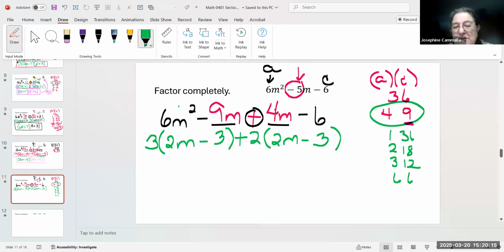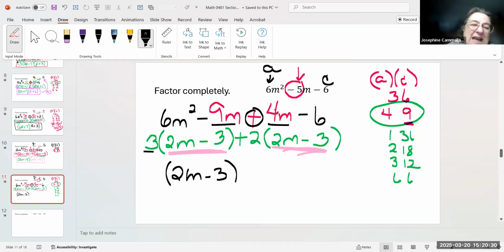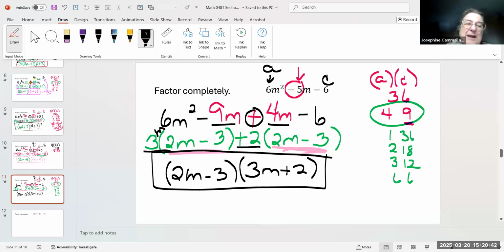There's my 2. These two parentheses have got to be the same, which is giving me 2m minus 3. And then, ooh, I forgot the m here. Thank you. 3m plus 2. This is my answer.